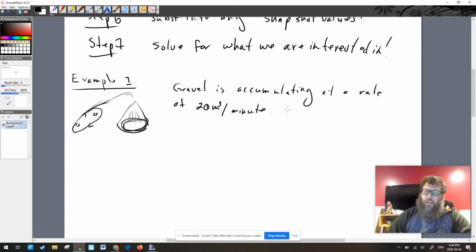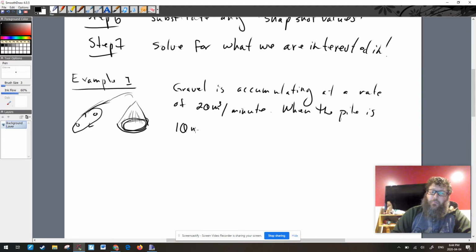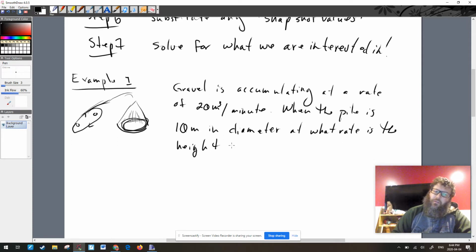And what we're going to say is, when the pile is 10 meters in diameter, at what rate is the height of the pile changing?